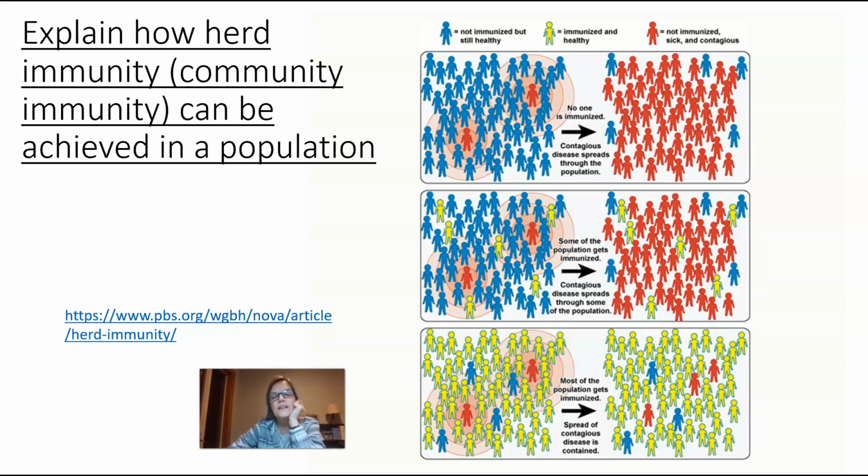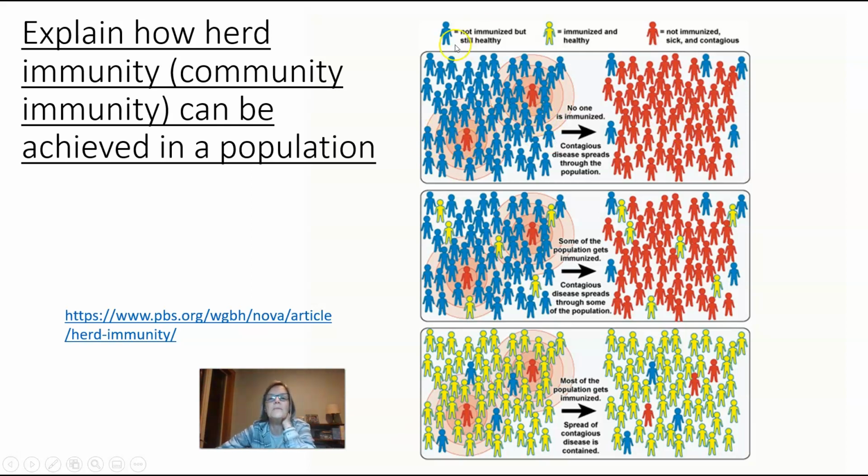So herd immunity is when enough people in a population are immunized or protected from a pathogen to the point that they are able to protect the few people that are not vaccinated or not immunized from that pathogen.